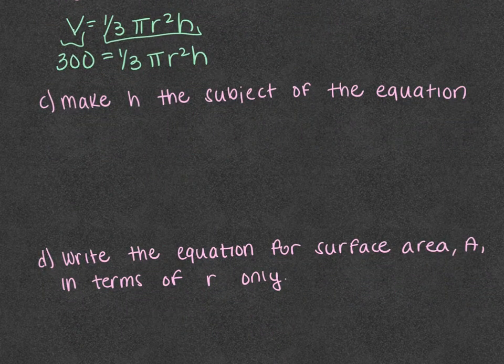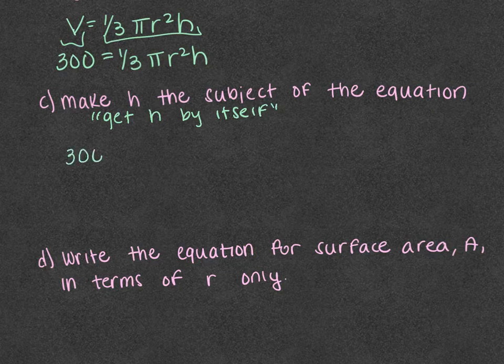Now when it says to make h the subject of the equation, that just means to get h by itself. So we're going to go ahead and do that. We have 300 equals 1/3 pi r squared h.